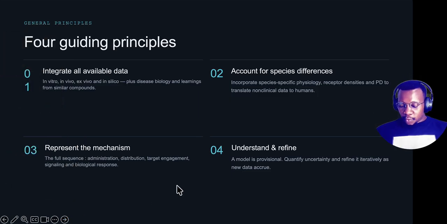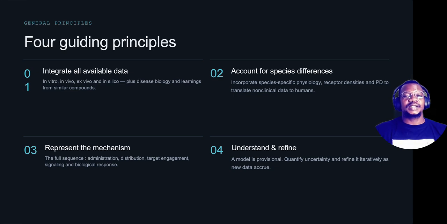So we have four general, or guiding, principles of QSP in first in human dose selection. Number one is the integration of all available data. Number two is that you have to account for species differences, like we've seen. Incorporate species-specific physiology, receptor densities, and pharmacodynamics to translate non-clinical data to humans.